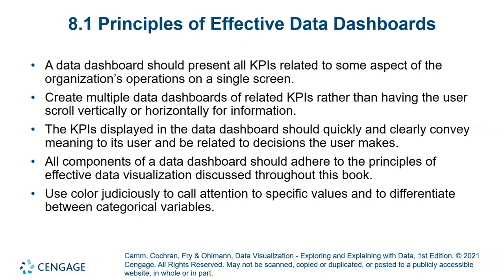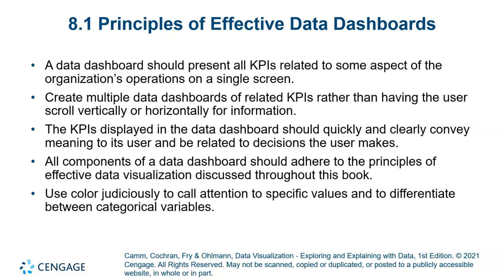The third most important thing is that KPIs displayed in the data dashboard should quickly and clearly convey the meaning and message to the user. The memory load should be low for the audience, and the related decision should also be available. Moreover, all components of the data dashboard should adhere to the principles of effective data visualization, which we already discussed, such as pre-attentive attributes, color schemes, and low memory load.